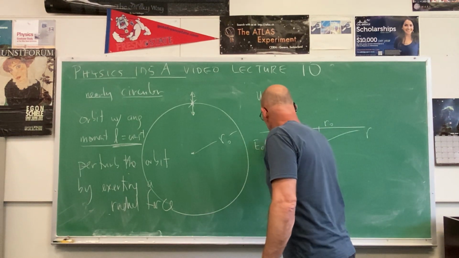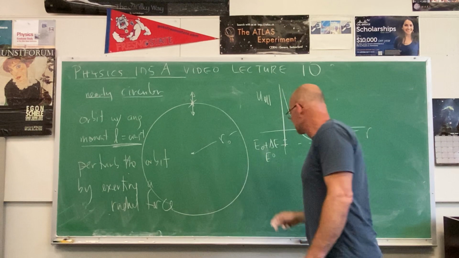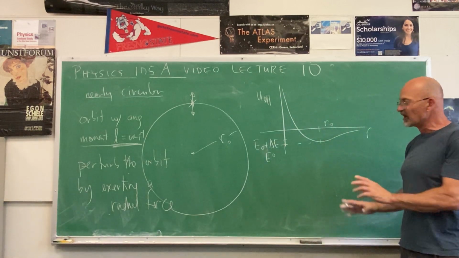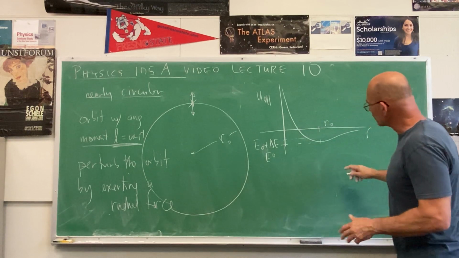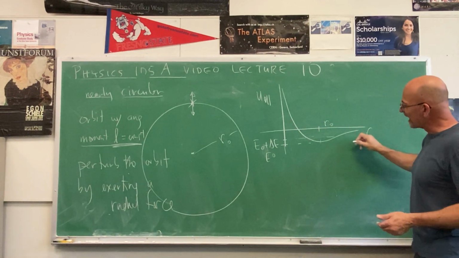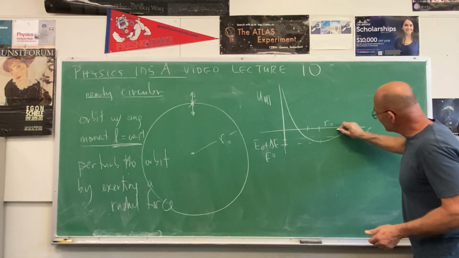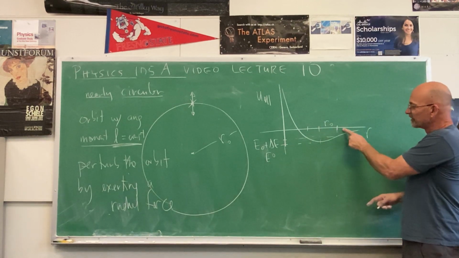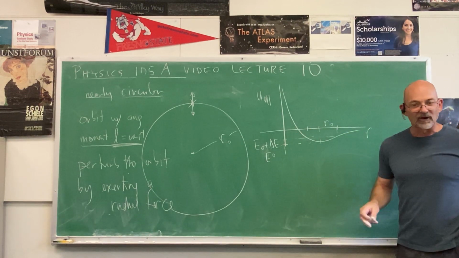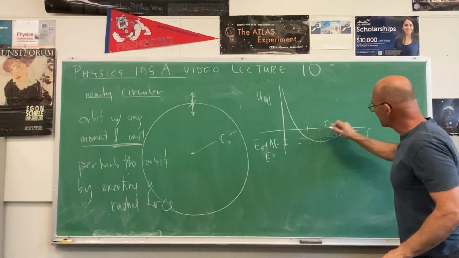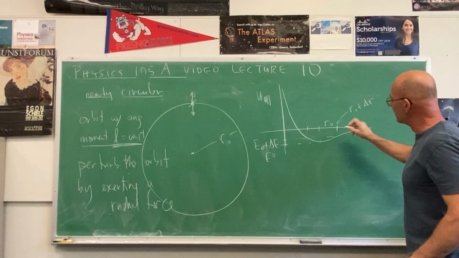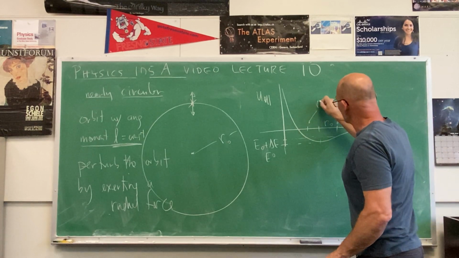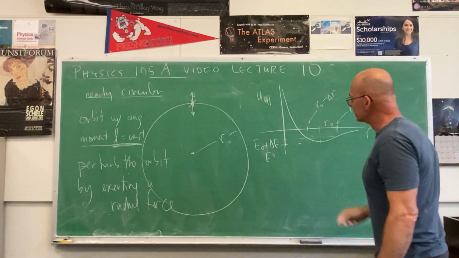E0 plus delta E, right? That's a little boost of energy. That's up to here. And of course the drawing is nice and exaggerated, but there is the new R0 plus delta R. So if that's my R0, then this is my R0 plus delta R. This is my R0 minus delta R.